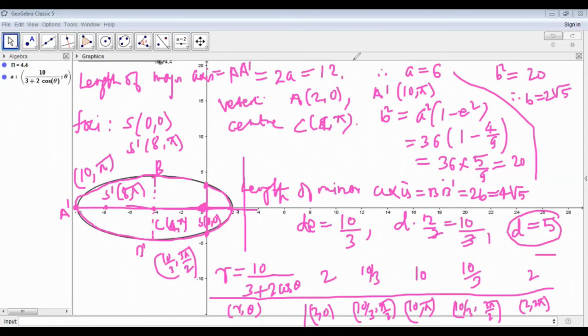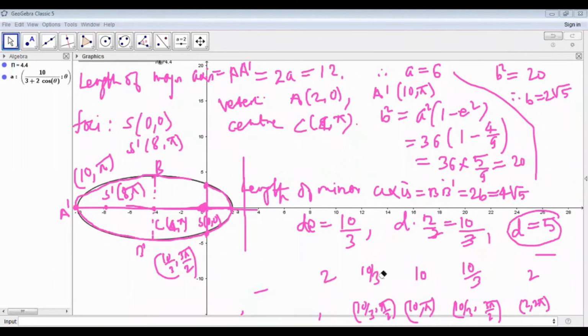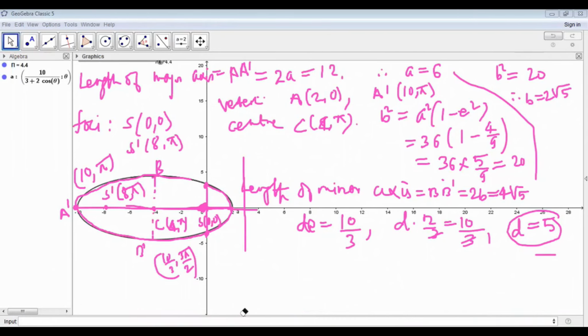So the equation of the directrix is x equals d, where d equals 5, and x means r cos theta.